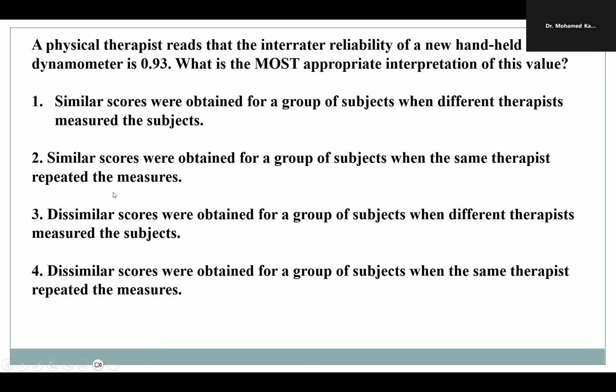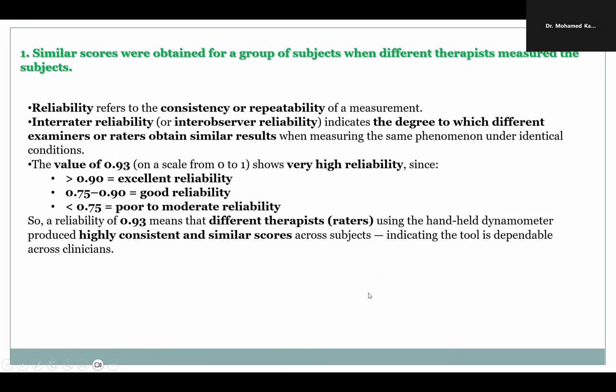But if we had similar scores, we would not get this high value, 0.9. And the same therapist? No, it is a different therapist. So basically, the answer is number one: similar scores were obtained for a group of subjects when different therapists measure the subjects.